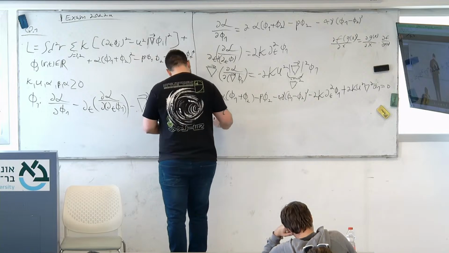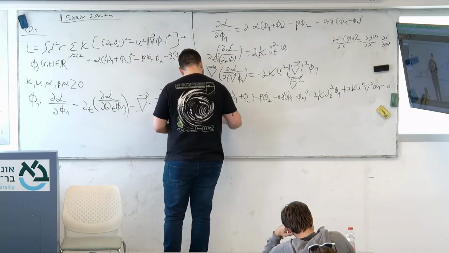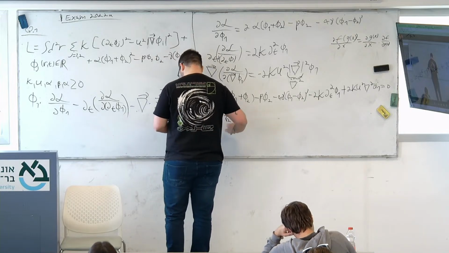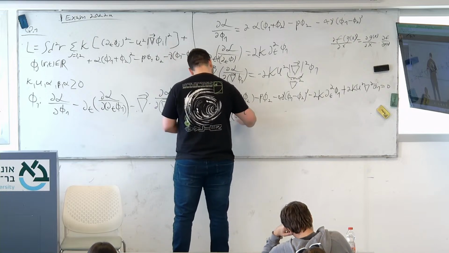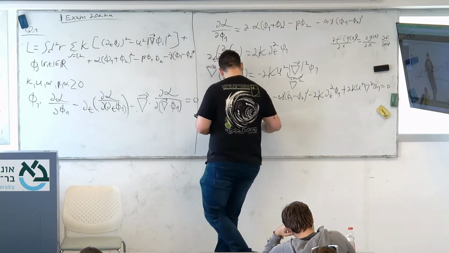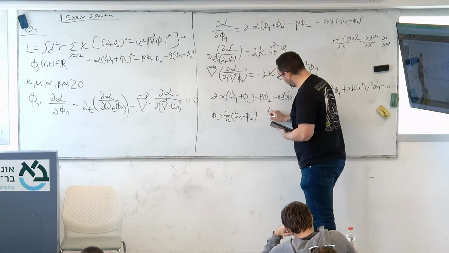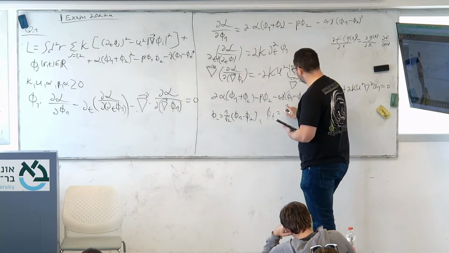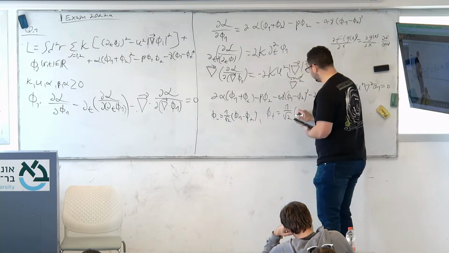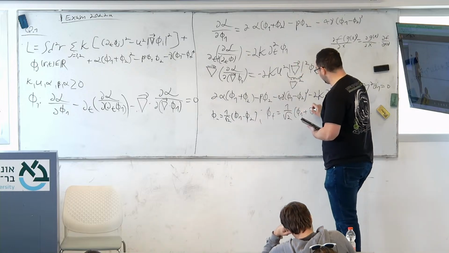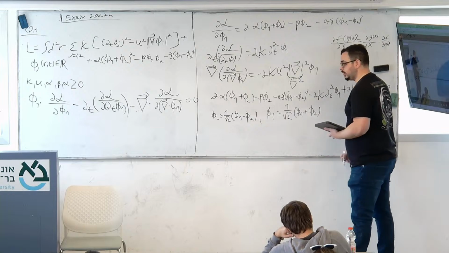redefine them using phi minus equals 1 over square root of 2 times phi 1 minus phi 2, and phi plus equals 1 over square root of 2 times phi 1 plus phi 2. Okay.